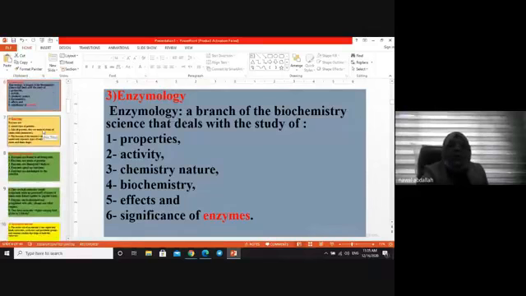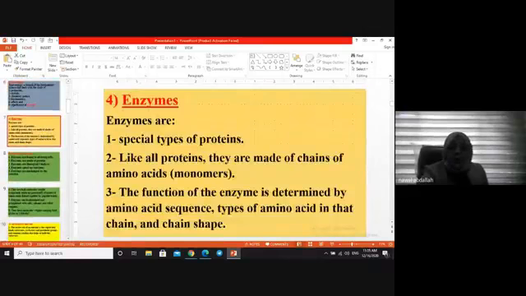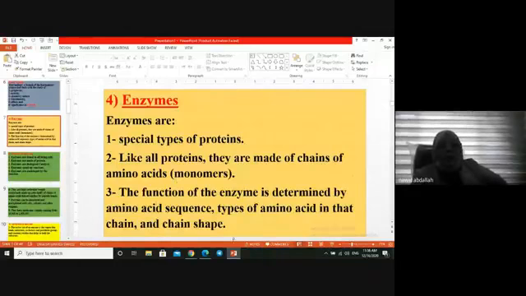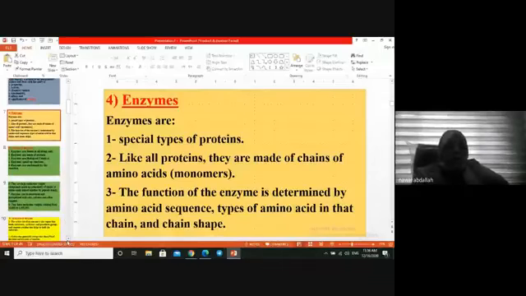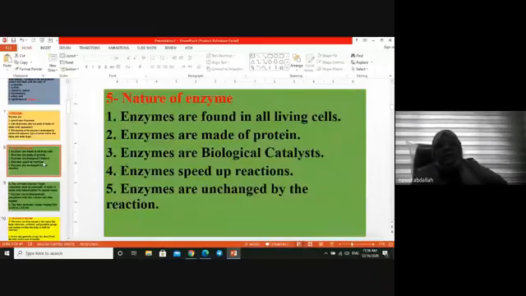Then we moved on to enzymes. What are the enzymes? Enzymes are a special type of protein, like all proteins made up of amino acids. The function of an enzyme is determined by its amino acid sequence, the types of amino acids, the chain, and the shape. Enzymes are found in all living cells and are made of protein.